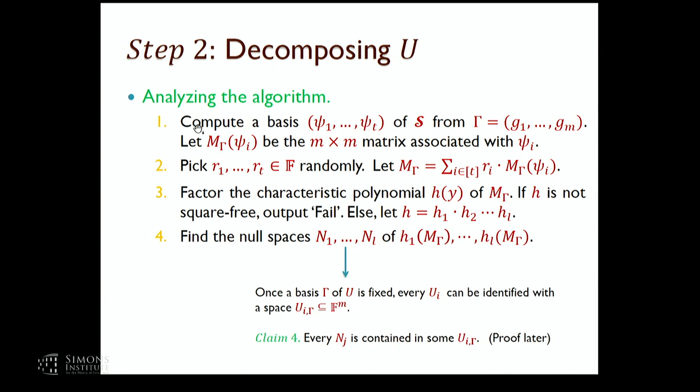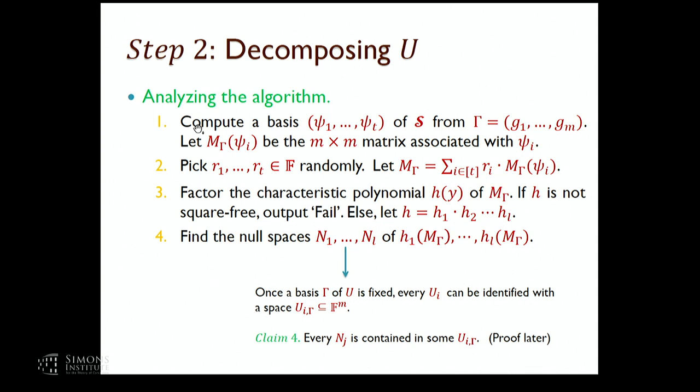And now the claim is that the null spaces of these factors evaluated at this random operator are contained in the UIs. Although I've used a slightly different notation here, this is exactly the space UI. I'm just distinguishing it with a different notation because UI is a space of polynomials, and once you fix gamma, this is the corresponding space of vectors lying in F to the m.